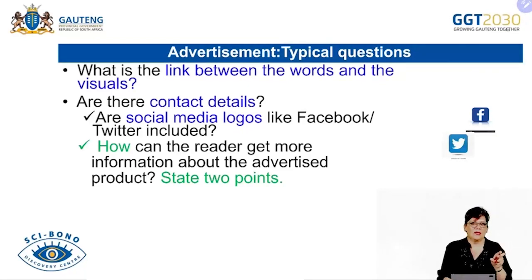So see whether there's a telephone number, is there a street address, is there a Facebook handle, a website, what can you find? Obviously, when it's not included, well, that says something else as well. That might be something negative about the advertisement, because if there isn't any way to contact the advertiser, what's the use?